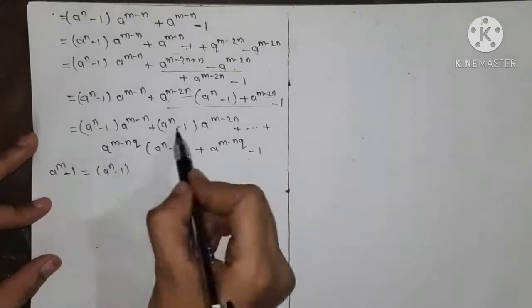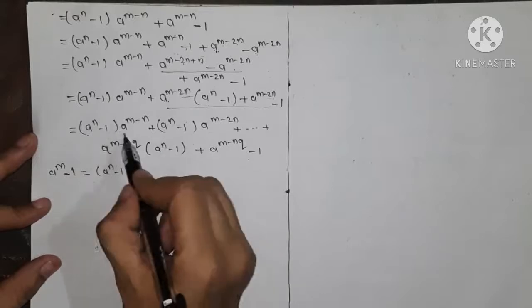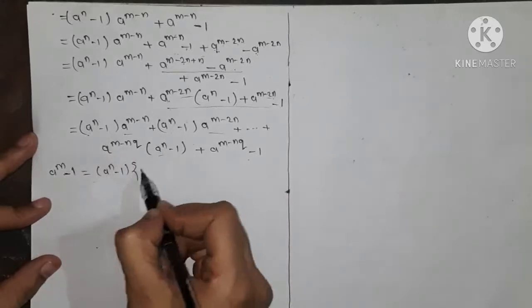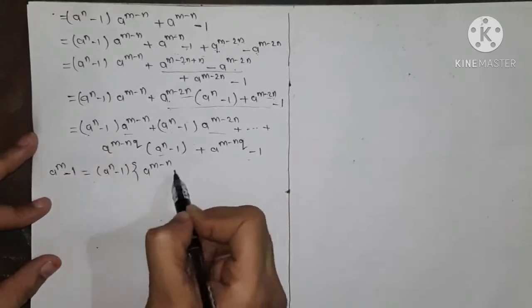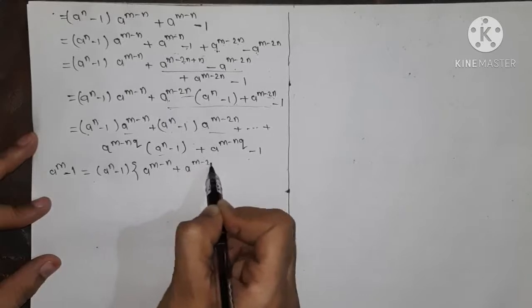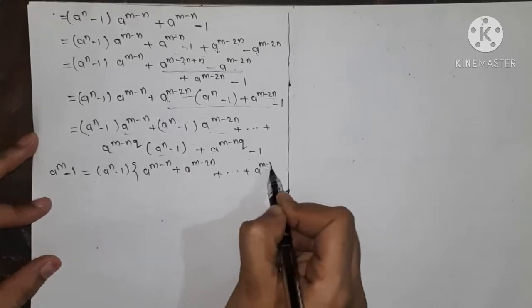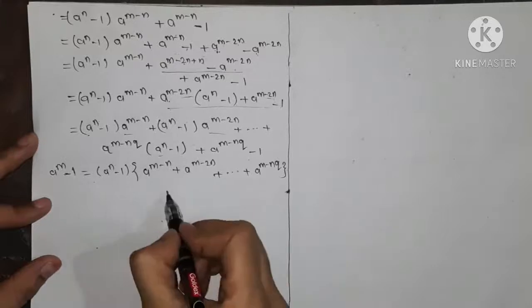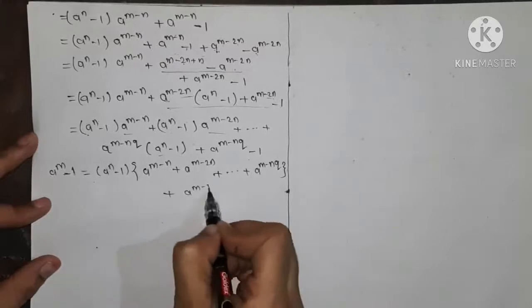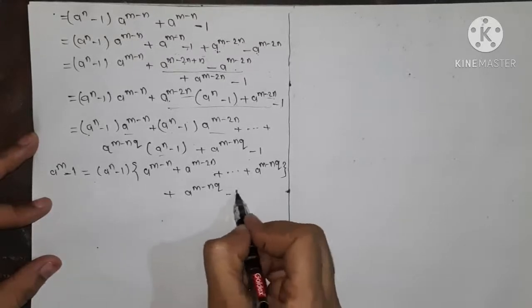We can take the common factor a to the power n minus 1 from all these terms, right? So in the bracket we have a to the power m minus n plus a to the power m minus 2n plus, and continue this up to a to the power m minus nq plus the term a to the power m minus nq minus 1.